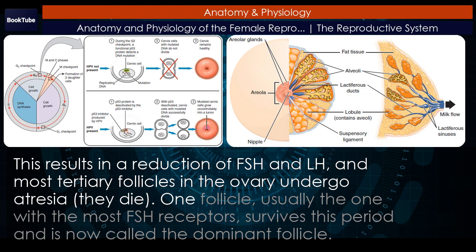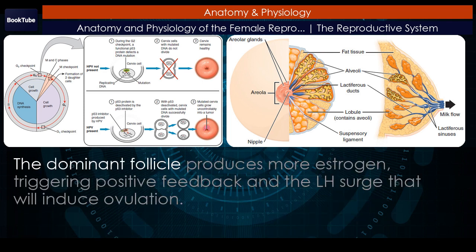Most tertiary follicles in the ovary undergo atresia. They die. One follicle, usually the one with the most FSH receptors, survives this period and is now called the dominant follicle. The dominant follicle produces more estrogen, triggering positive feedback in the LH surge that will induce ovulation.